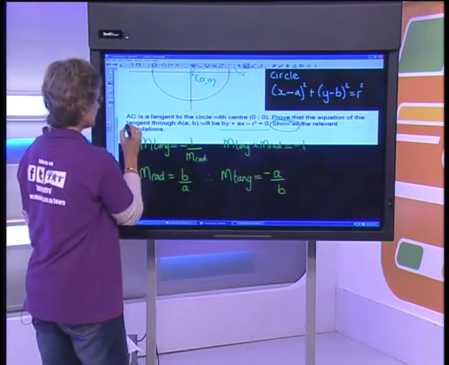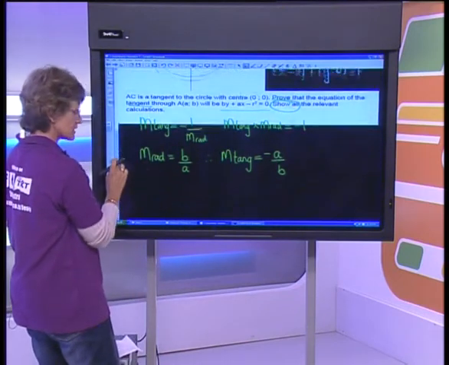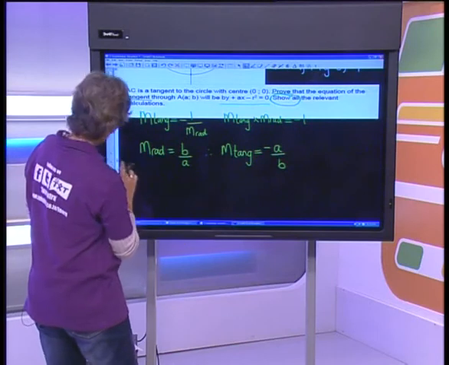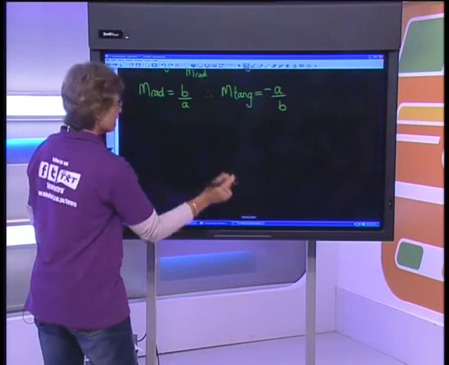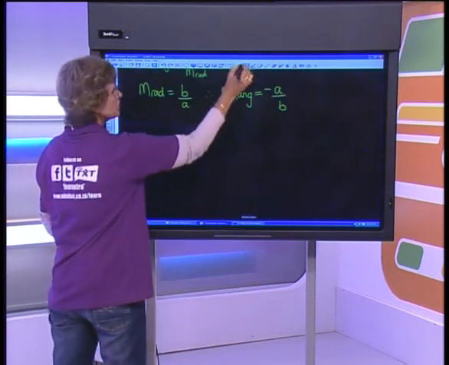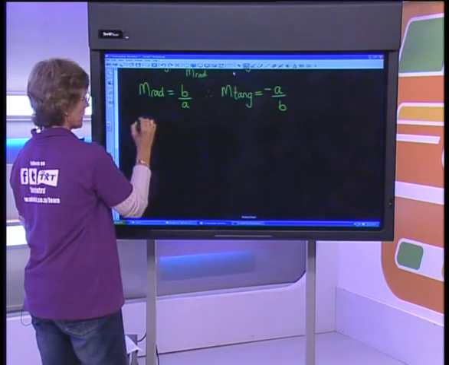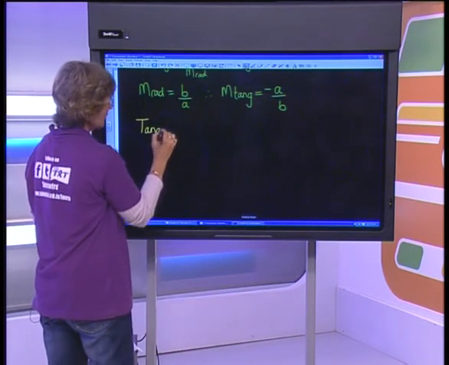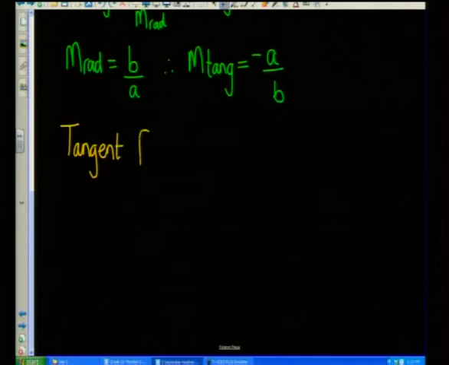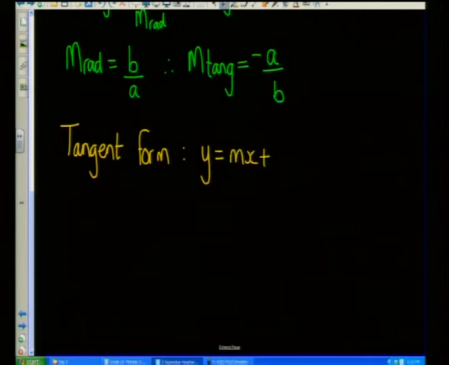So what do they want us to do? They want us to get the equation of the tangent. So my immediate response is to say, fine, my tangent is a straight line, so my tangent must be of the form y equals mx plus c. Everybody got that?